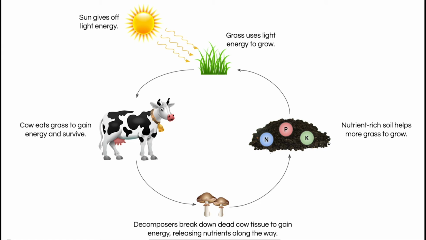These nutrients can be reused by the grass in order to grow even more. This cycle continues on, allowing for a continuous flow of energy throughout the ecosystem. This cycle of different organisms being able to transfer energy and nutrients to one another is one of the reasons why ecosystems on planet Earth have been able to survive for so long.